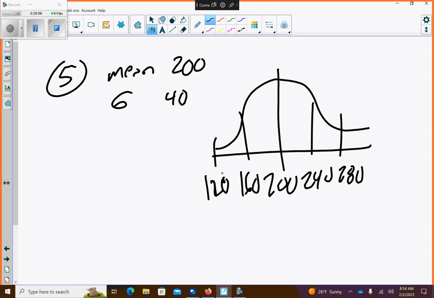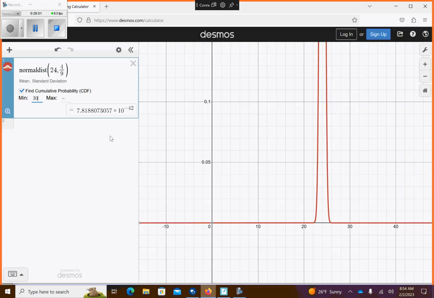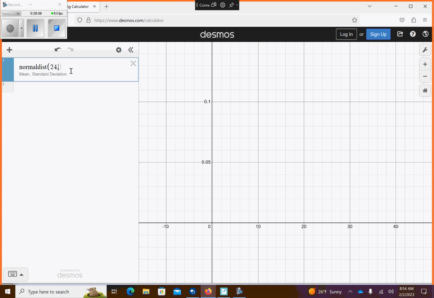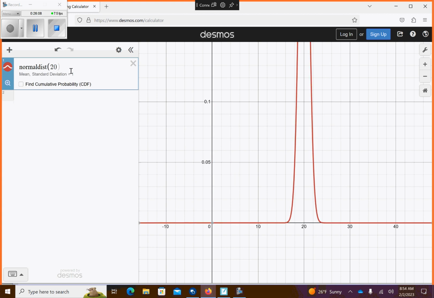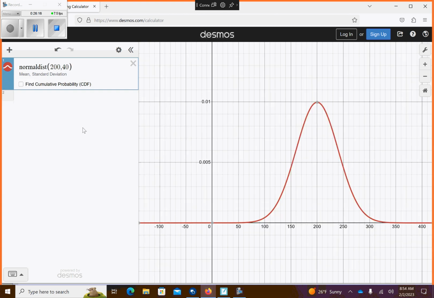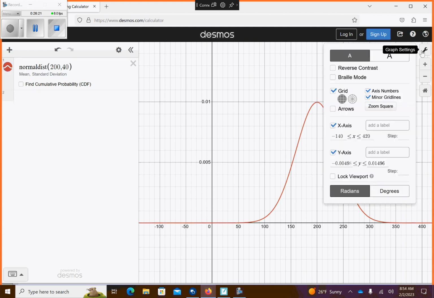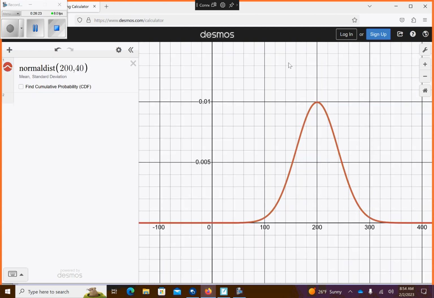Okay, so let's make this normal distribution first. So we're going 200 and a standard deviation of 40. We do this, that's the normal curve based in this situation. Okay? So now we're going to say, all right, we have one individual.